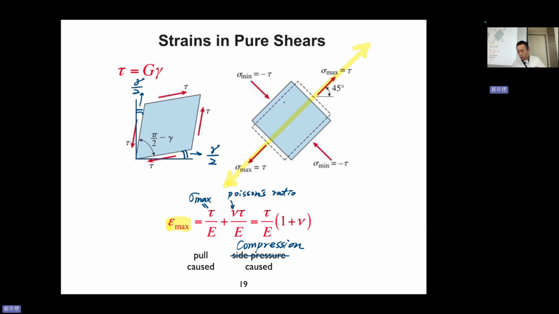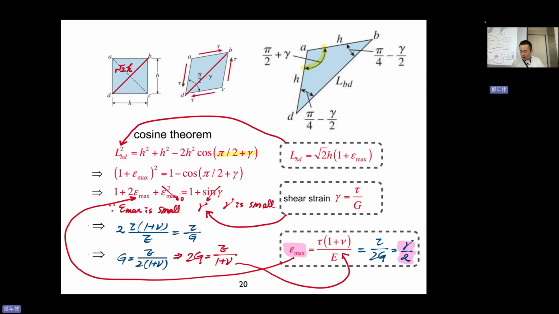So we use the cosine theorem. We can obtain the original shape with the diagonal line of square root 2 h. After the distortion, we have L_BD, which has the relationship of the cosine theorem.